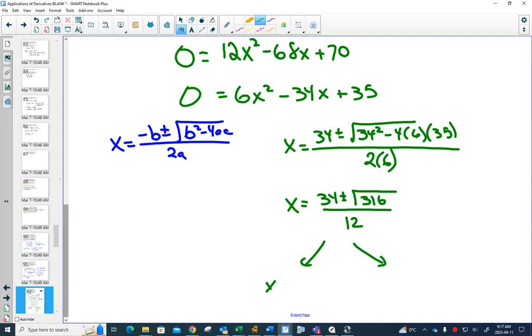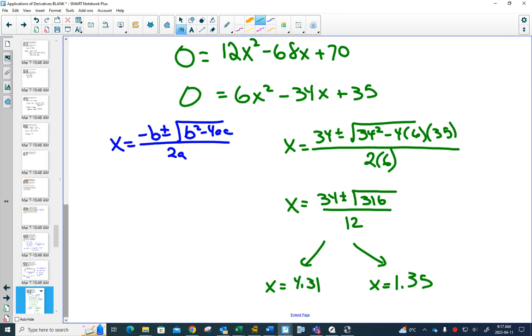The two answers that this gives are 4.31 and 1.35.